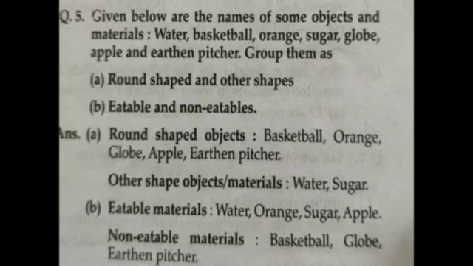And other shaped materials are water and sugar. Now second is eatable and non-eatable. Eatable materials: water, orange, sugar and apple. Non-eatable materials: basketball, globe and earthen pitcher.